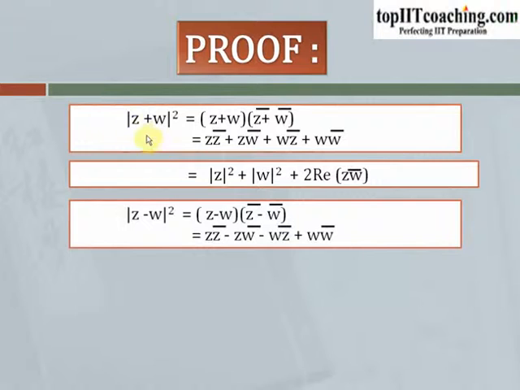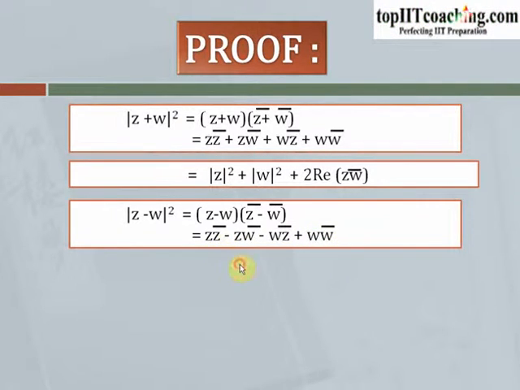Now let's look at the value of modulus of z minus w whole square. We can write it as z minus w into z conjugate minus w conjugate. We use the same logic as we used here. Again, we multiply both these factors. What we get? z into z conjugate minus z into w conjugate minus w into z conjugate plus w into w conjugate.